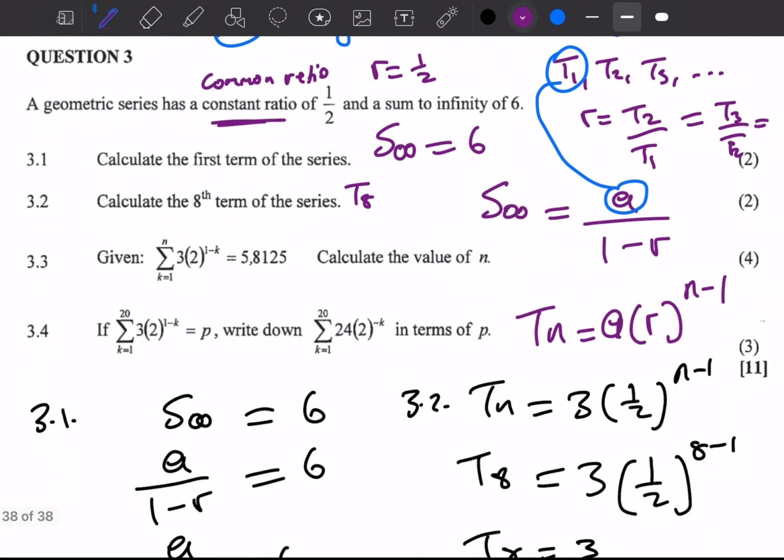So the golden rule about sigma notations, when you see sigma notation, is you have to always simplify the sigma notation. Remember, sigma notation is basically a symbol of sum. It's a summation. What do I mean by that?